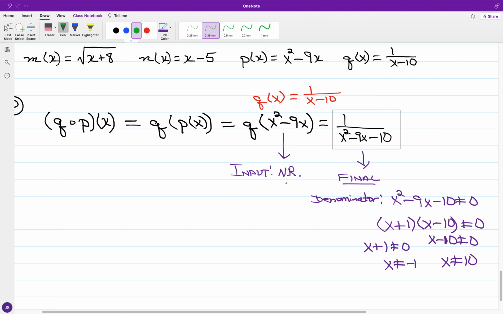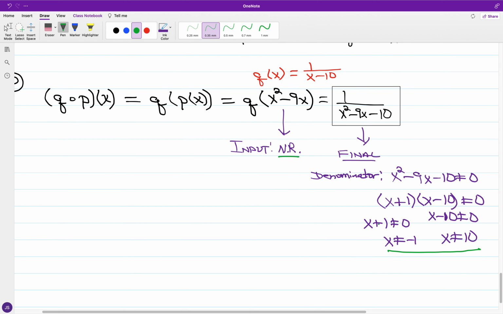So combining the restrictions from the input as well as the final output, all the restrictions come from the final output. We have x cannot be negative 1, and x cannot equal 10.